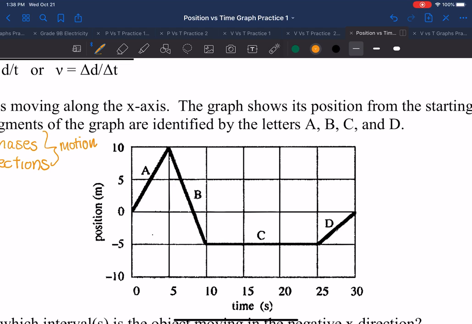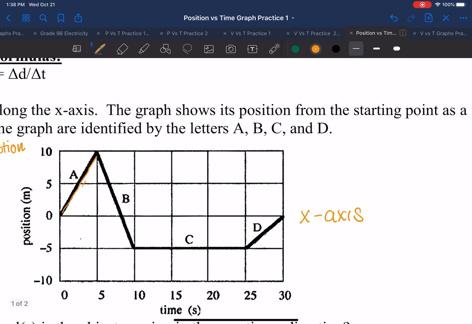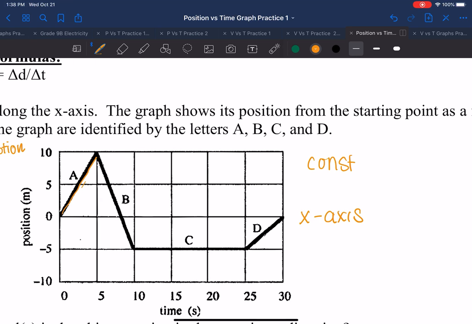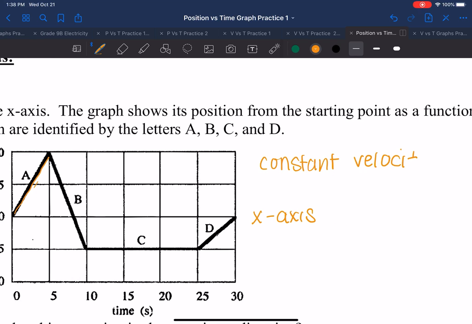A, we see it's a straight diagonal line going upwards, away from the x-axis, okay? And it is also a straight diagonal line, meaning that it's going to be a constant velocity. Constant velocity also means that it's uniform motion, okay?